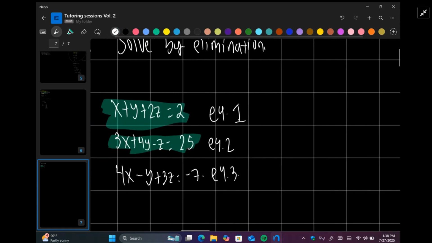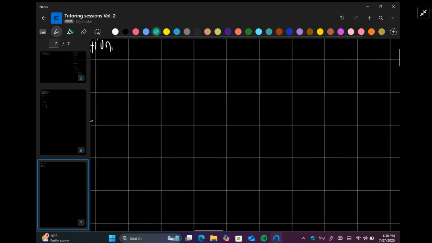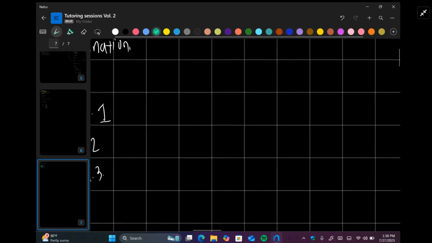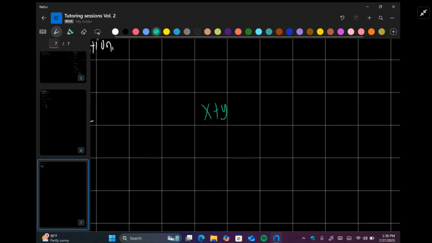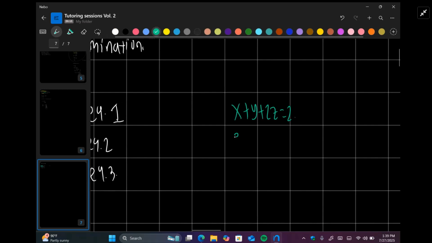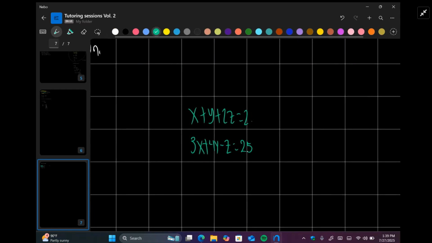So we have x plus y plus 2z equals 2, and then 3x plus 4y minus z equals 25. Okay.